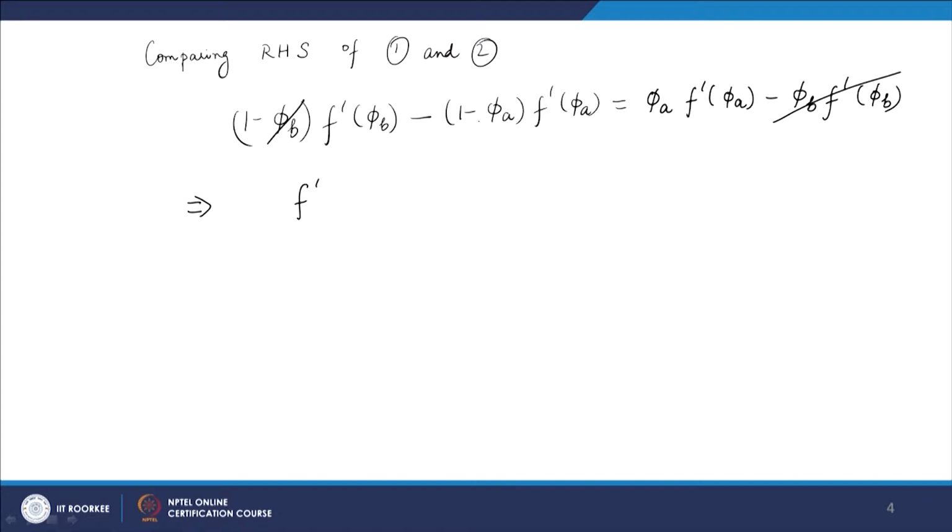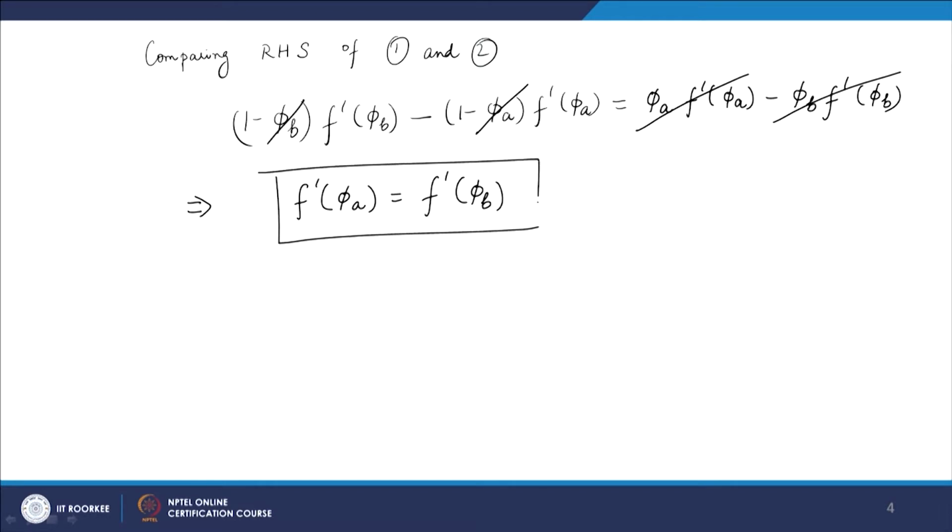Similarly, this will move on that side and we have cancellation of phi A here, and what do we get is simply F prime phi A is equal to F prime phi B. So, now what we get is that to attain the phase equilibrium, the derivative of the Helmholtz free energy densities at the 2 point must be equal.